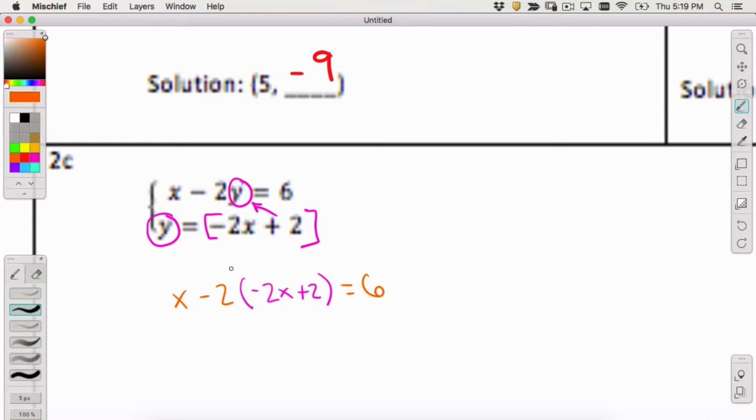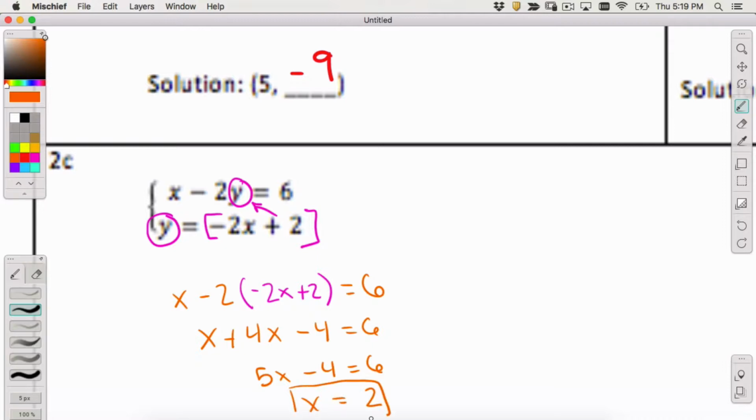So I'm going to distribute, and we end up with plus 4x minus 4 equals 6. Combine my like terms, so I end up with 5x minus 4 equals 6. Move my 4 over, get my 5 alone, and we end up with x equals 2.